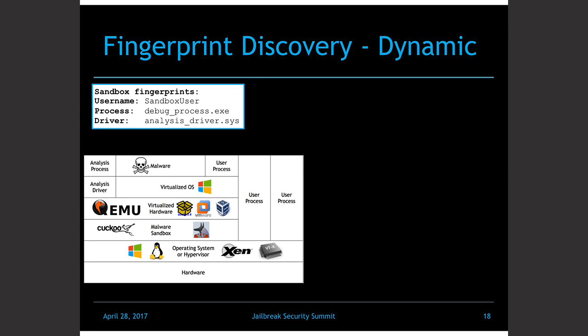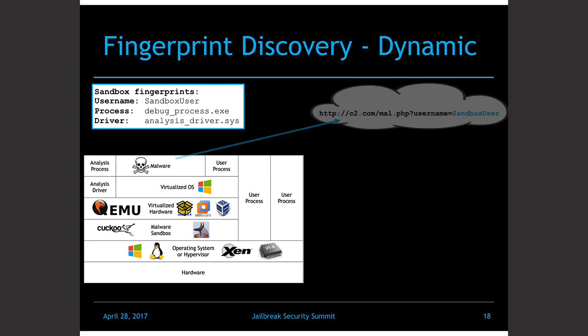When I'm running in your system, I can look for them, and I can send them out to a C2 server that I control, and I could just post a message to my C2 server, or do a GET request and say, the username inside the system is sandbox, and this is the IP address, and this is the MAC address, all this kind of information that fingerprints the system. And then I can write malware in the future that looks for those particular artifacts and chooses not to run if it observes them. So you don't actually have to have access to the analysis stack that a particular antivirus company is using to discover these artifacts.